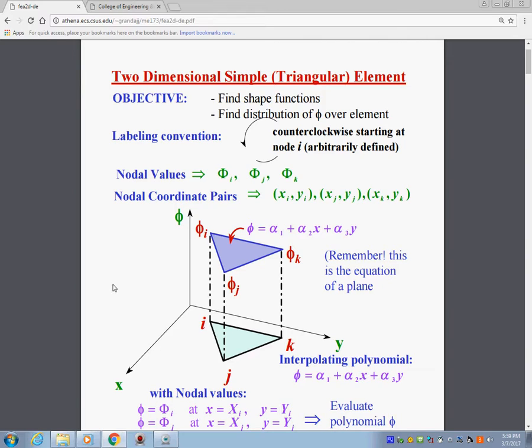In fact, it's like we use linear interpolation and it comes from there. So that concept in 2D is a plane.